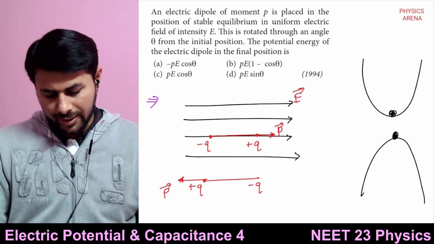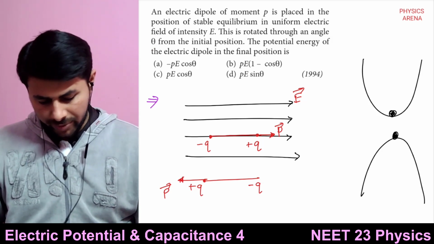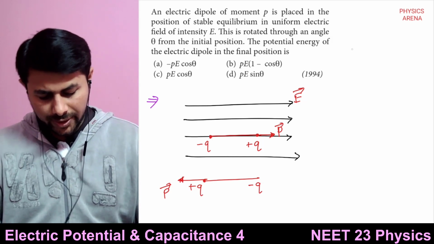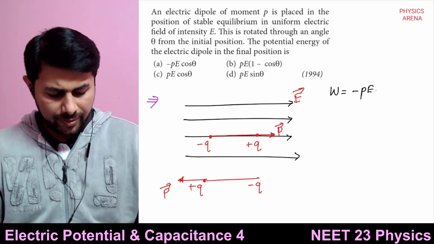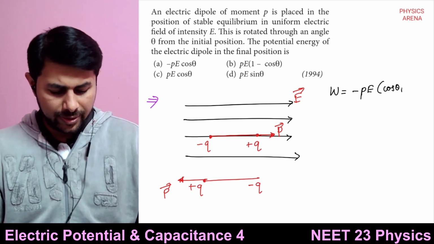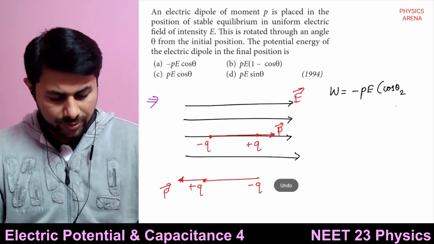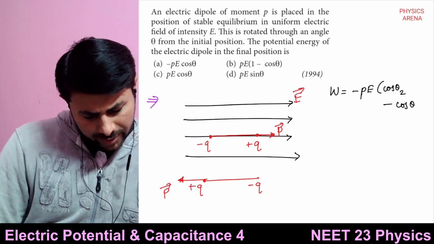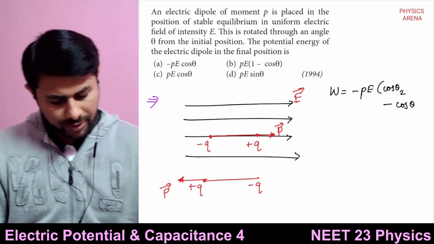And now you rotate it through an angle theta. So how much would be the work done? This is the question. So we know work done is minus PE cos theta 1 minus cos theta 2, is it, theta 1 or theta 2?